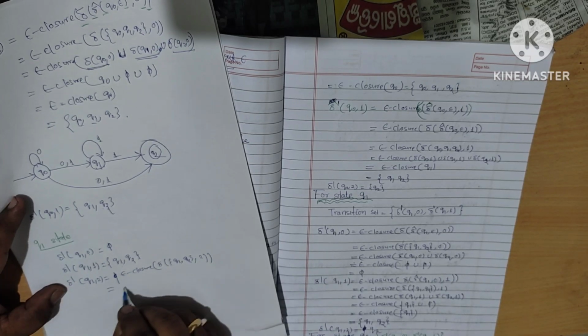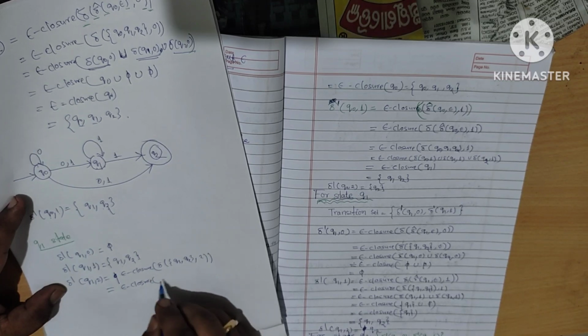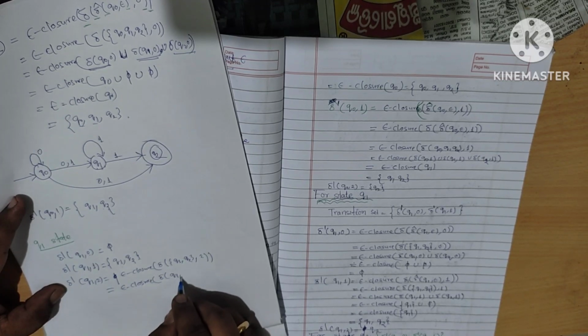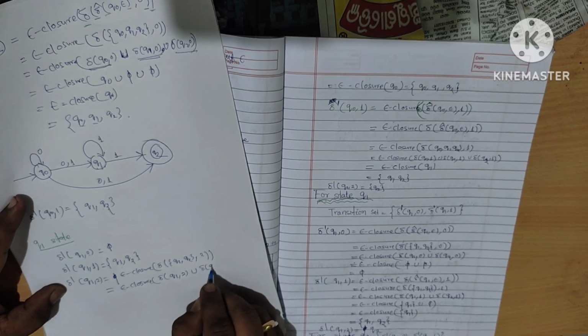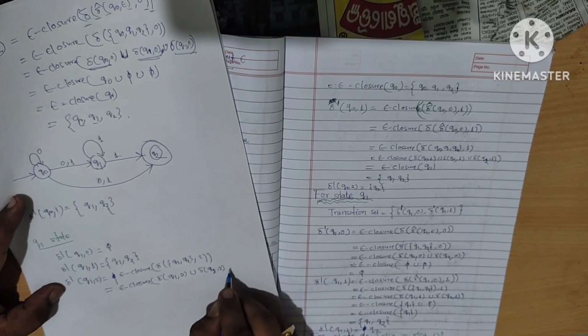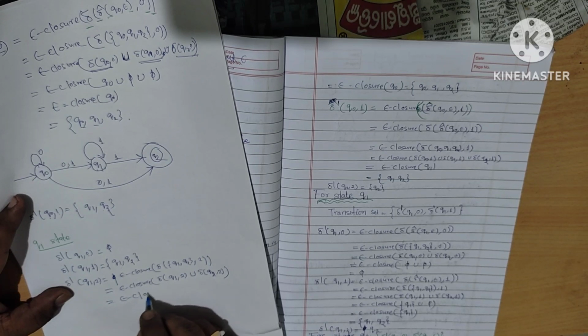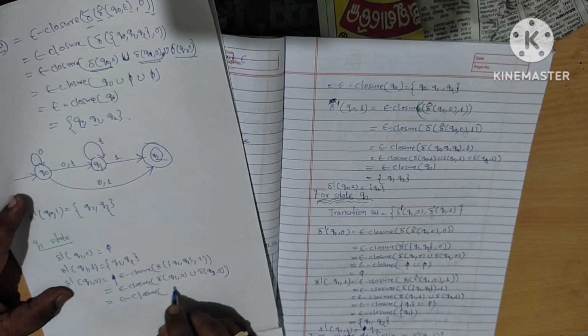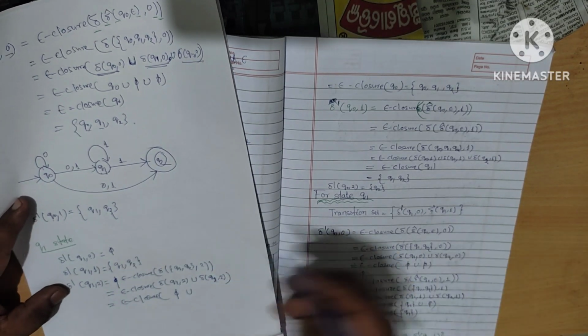So how many brackets have we written here? Epsilon closure of del of q1 comma 2 union q2 comma 2. Yes, you can see that this is epsilon closure, this is phi union q2 on 2.